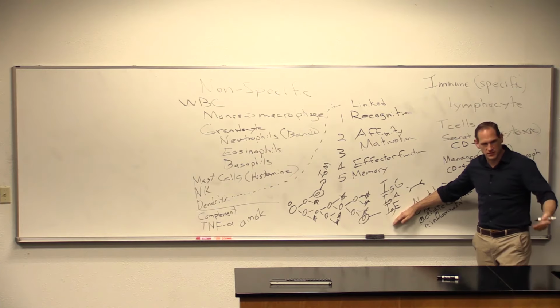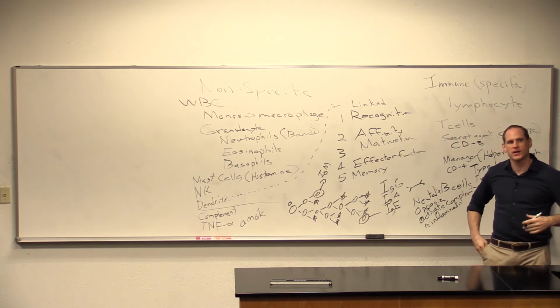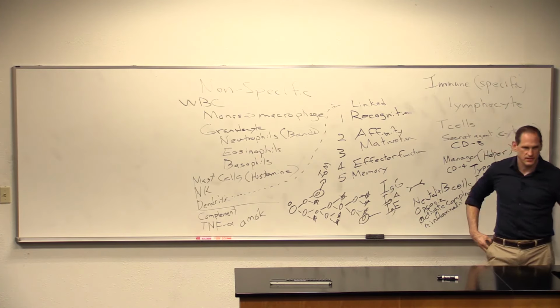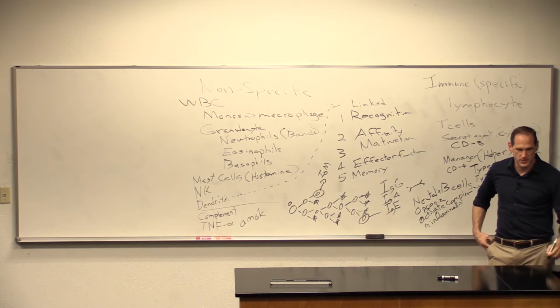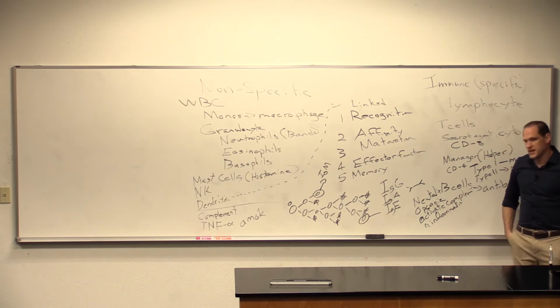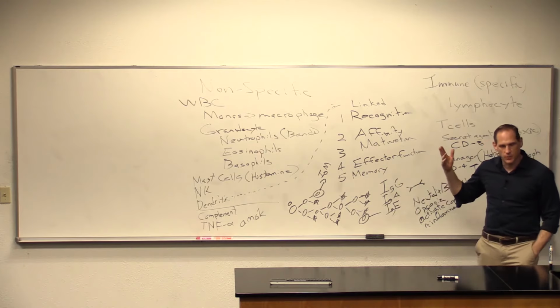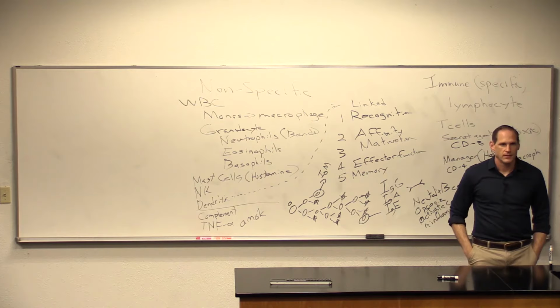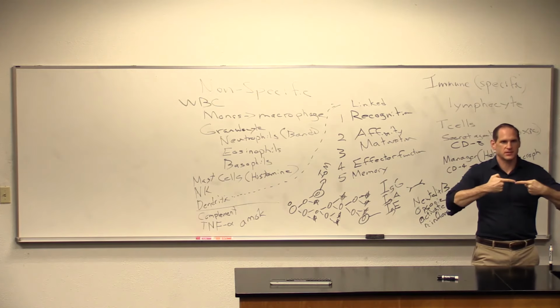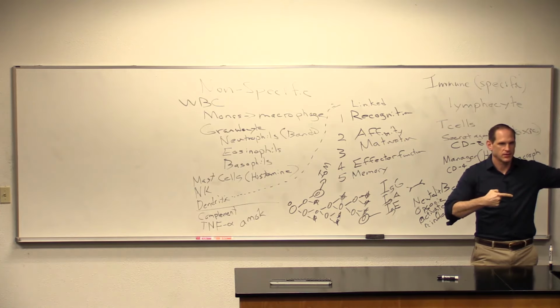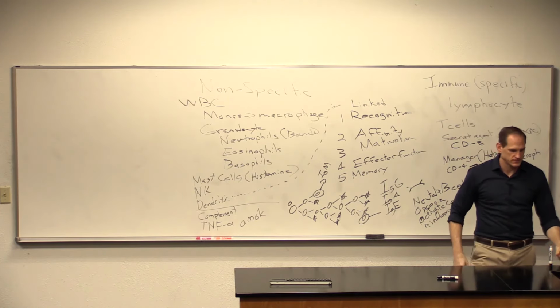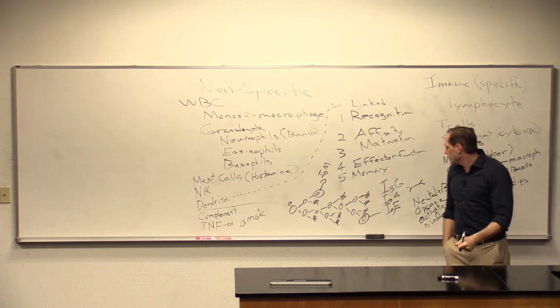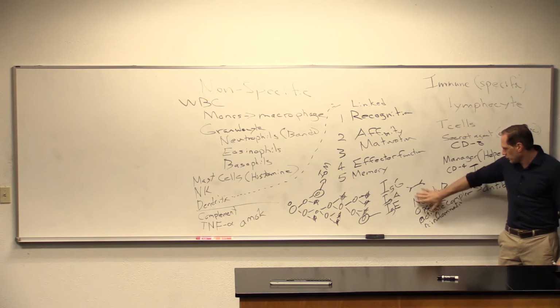And the production of IgE is stimulated by what kind of helper cells? Type 2 helper cells. And then IgA has a special purpose, and what does it do? It forms dimers which can cross membranes.